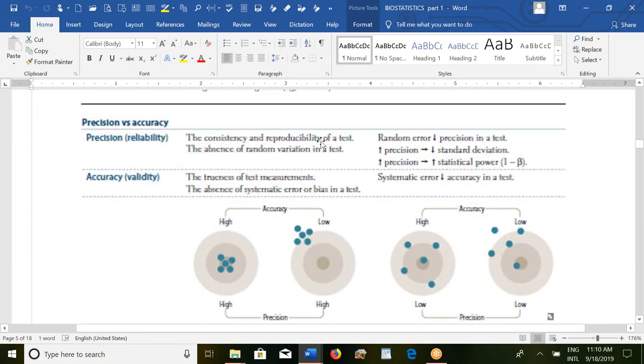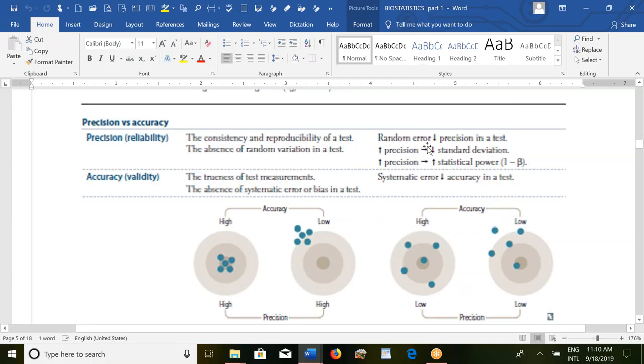You are doing a test. What is precision and accuracy? This is precision. If we define it, precision means reliability: the consistency and reproducibility of our test and the absence of random variation in a test.